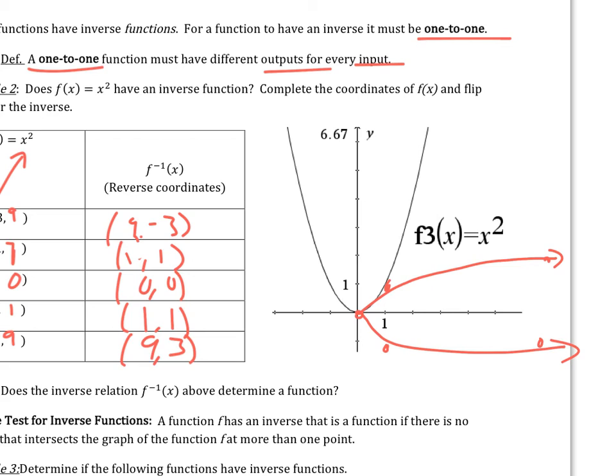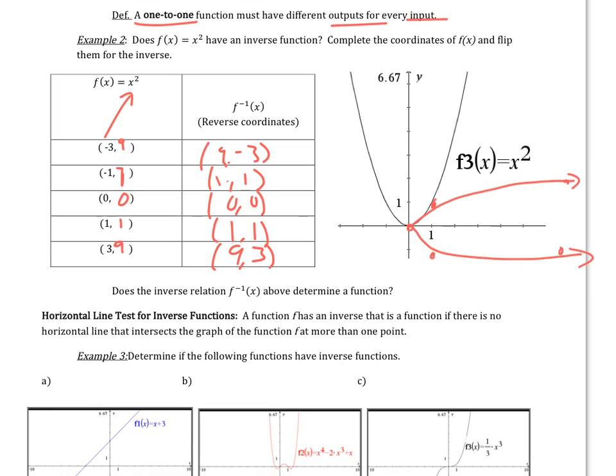So the question is, is that red thing there a function? Well, it turns out that it's not a function because it does not pass the vertical line test, if you remember that. There's more than one point on a vertical line, so it is not a function. This red one here is not a function because it doesn't pass the vertical line test.